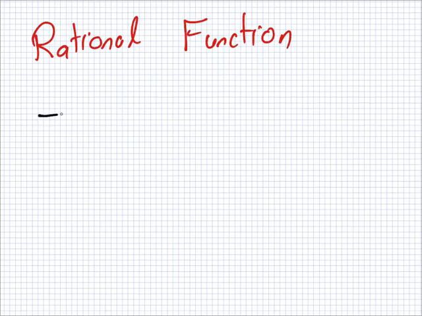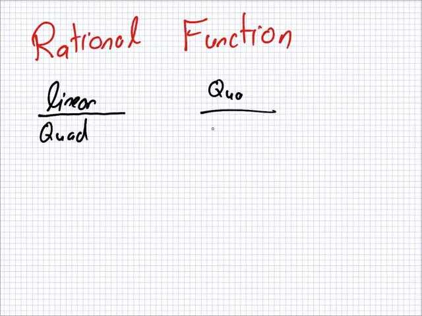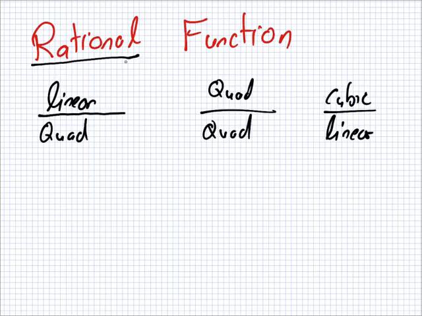If you had something like a linear or a quadratic, or even a quadratic over a quadratic, or a cubic over a linear, these are all examples of rational functions.